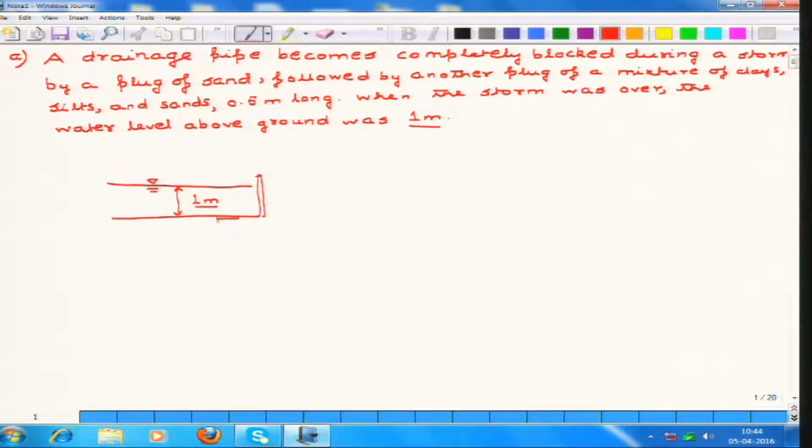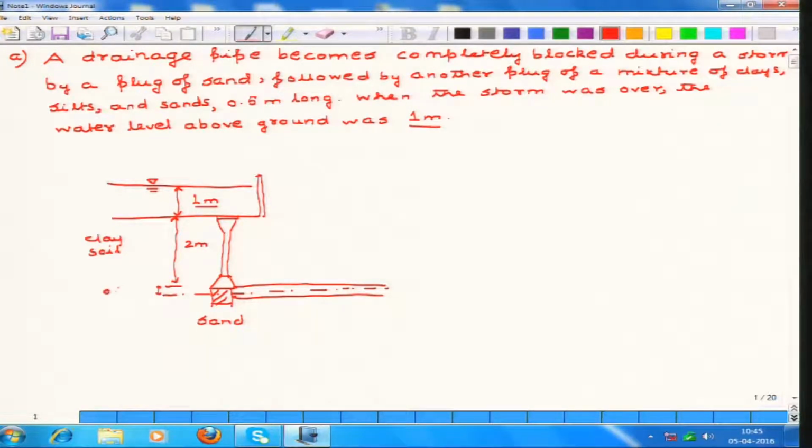and there is a down pipe connected. This is the layer of sand. This height is given as 2 meter, and this is the clay soil, while this height from the middle is said to be 0.3 meter.